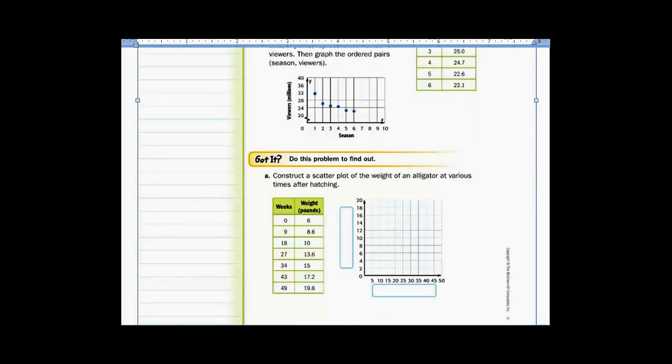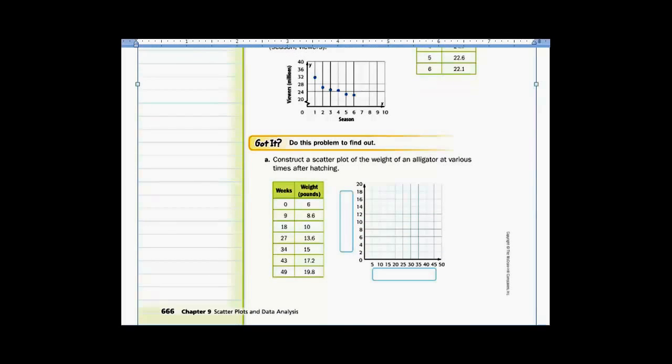So if you were to try this, which I'm not expecting you to do right now, we can do this one together. The first thing that you would have to do is label the x and y axis. So construct a scatterplot of the weight of an alligator at various times after hatching. So which one is dependent, which one's independent?